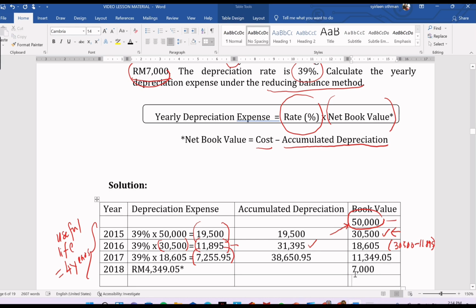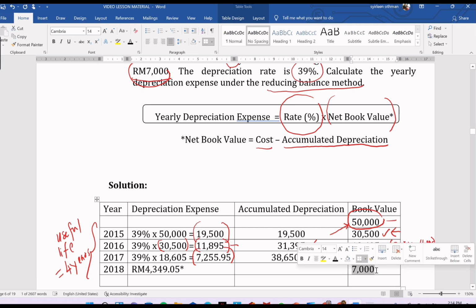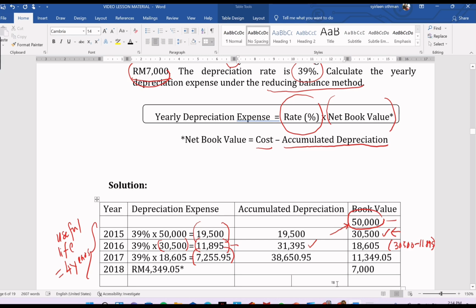So if I want to leave only 7,000 as my salvage value, that means the rest of the amount from this 11,349 ringgit and 5 cents will be considered as depreciation expense. So you just minus. That's how you get 4,349 ringgit and 5 cents.